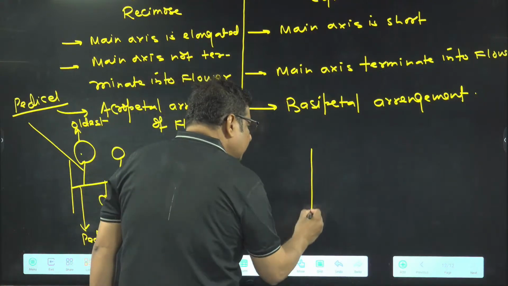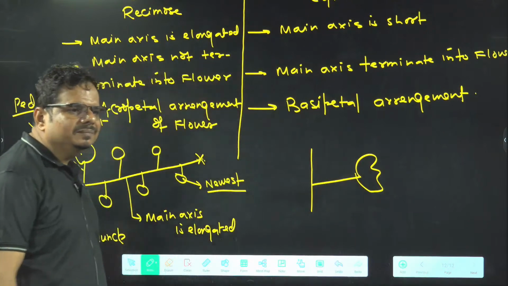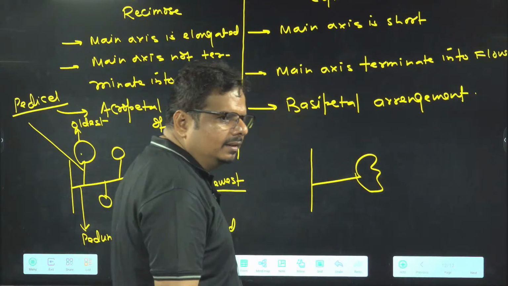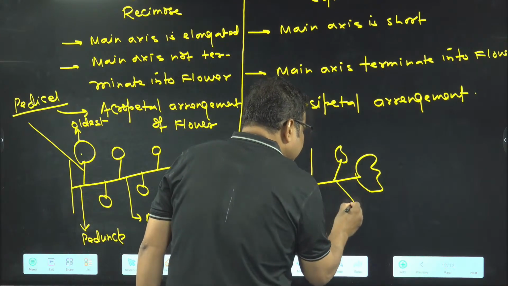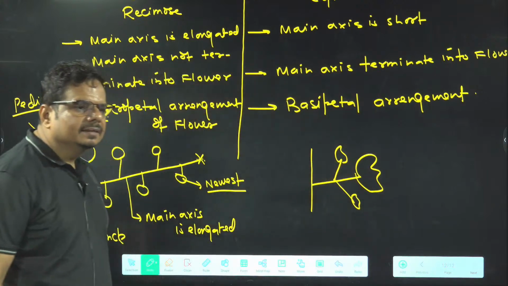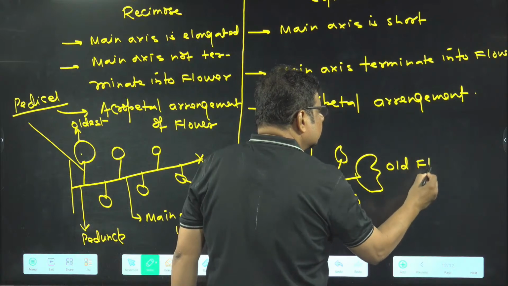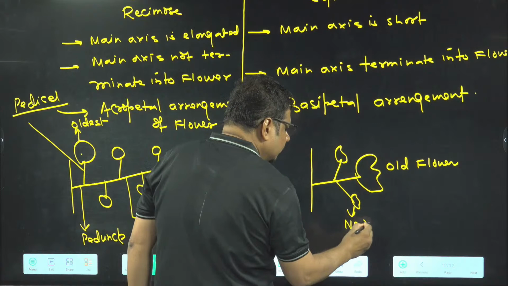Now what happens in the case of cymose? Look, here the main axis terminates into flower. The main axis is short, and it terminates into flower. And what are you finding? The new flowers arise like this. So here it is the old flower, and here it is the new flower.